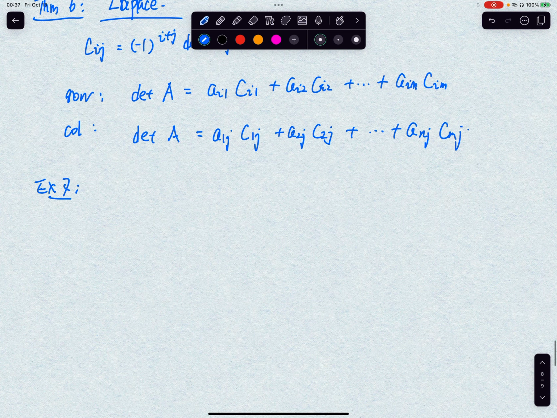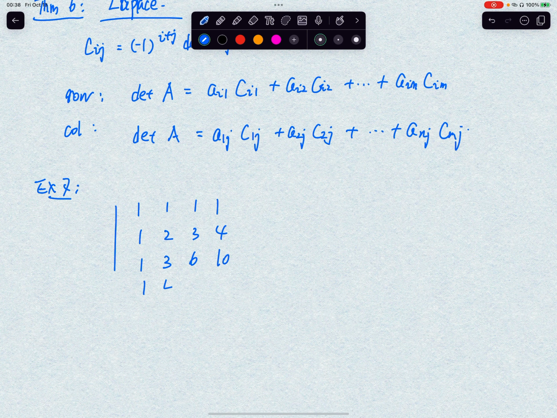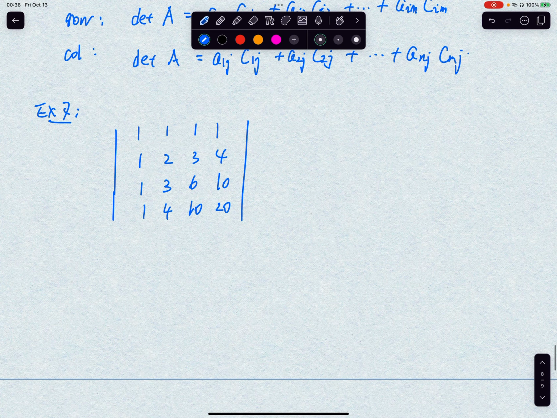So let us do another example. Suppose we're calculating the determinant of [1, 1, 1, 1; 1, 2, 3, 4; 1, 3, 6, 10; 1, 4, 10, 20]. This is a very complex one, so how do we solve it? A direct application of the definition or the algorithm above may be very complex, and one tiny mistake could lead to confusion of the whole problem.